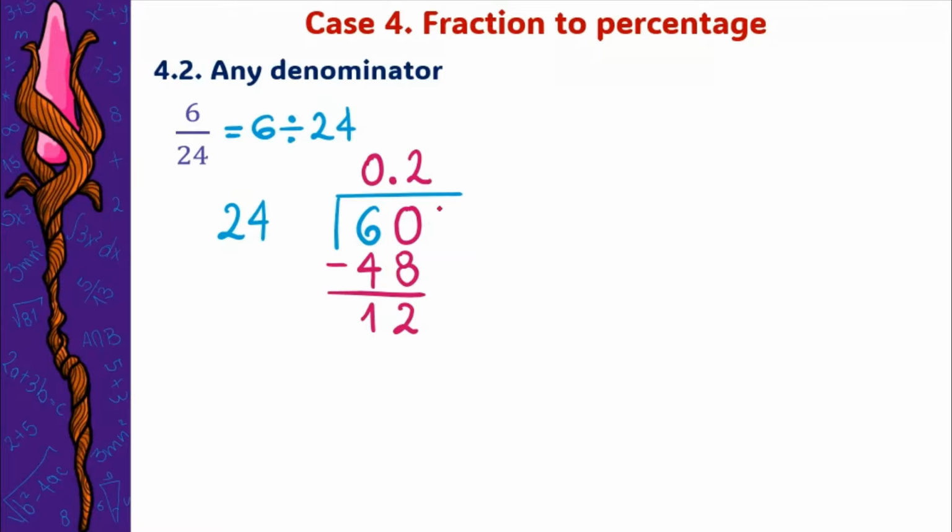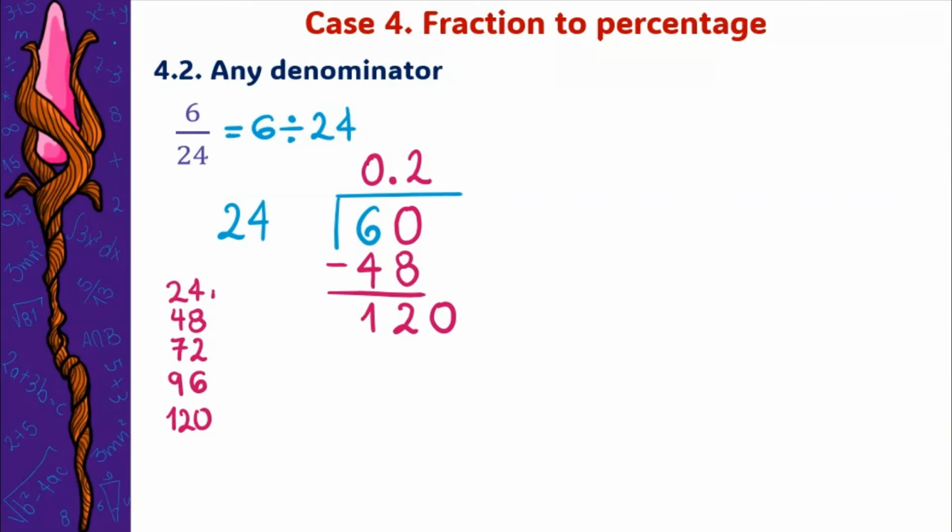Since we are already working in the decimals, we could keep going, putting zeros for the remainder and keep doing the division. So how many times is 24 in 120? Well, let's see. 24 plus 24 is 48, plus 24 is 72, plus 24 is 96, plus 24 is 120.